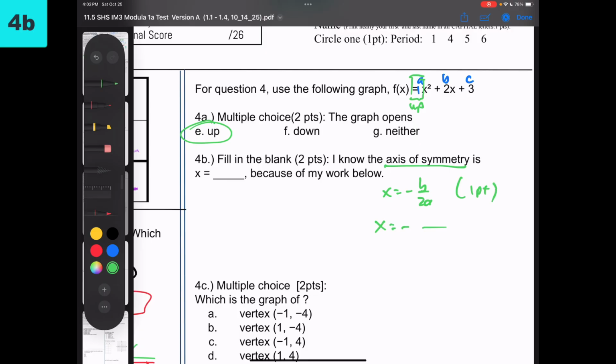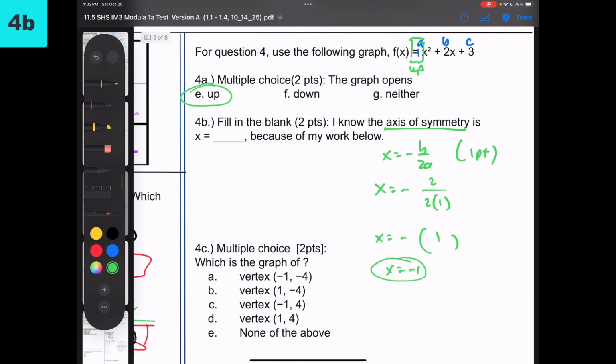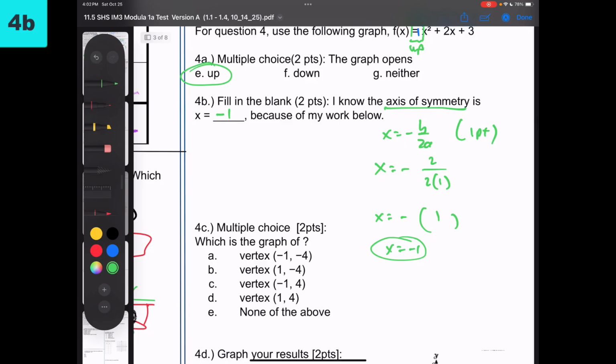Your b value is 2, and your a value is 1. 2 divided by 2 is 1. So you get x equals negative 1. For some reason, if you got up here and you wrote positive 1, with the work that I just showed you, I gave you 1.5 points.